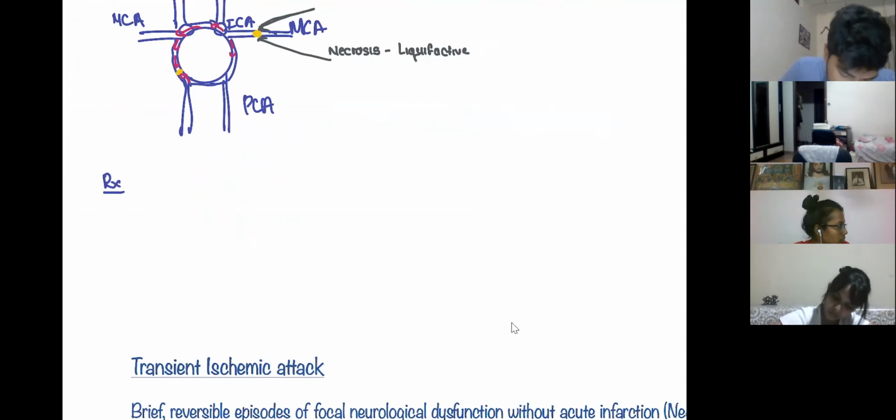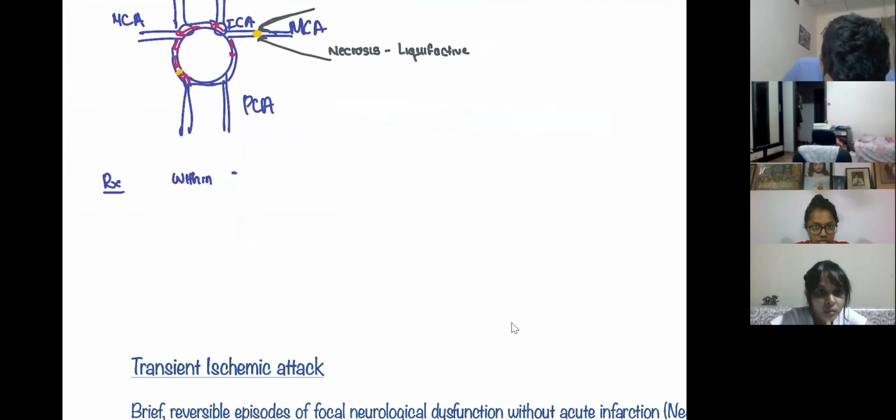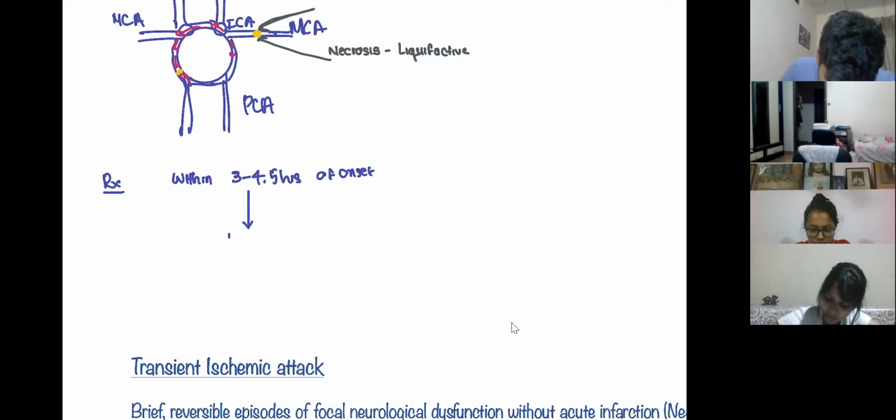If it is within 3 to 4.5 hours of onset, you give something called tissue plasminogen activator.